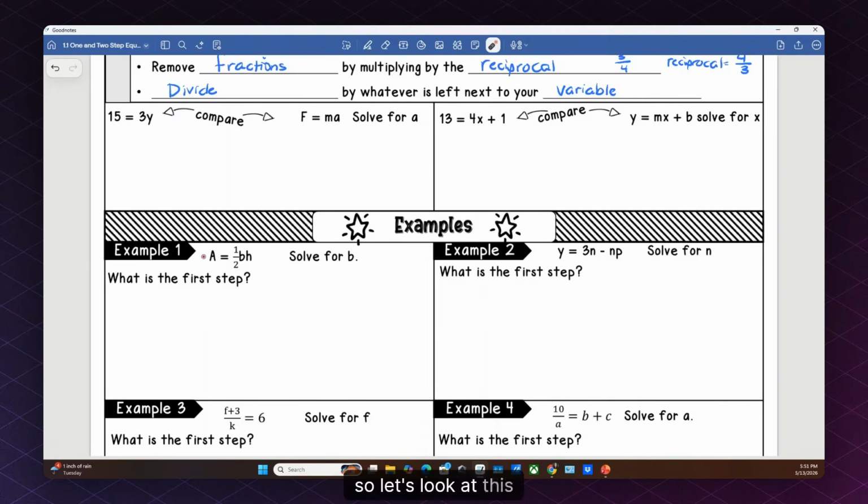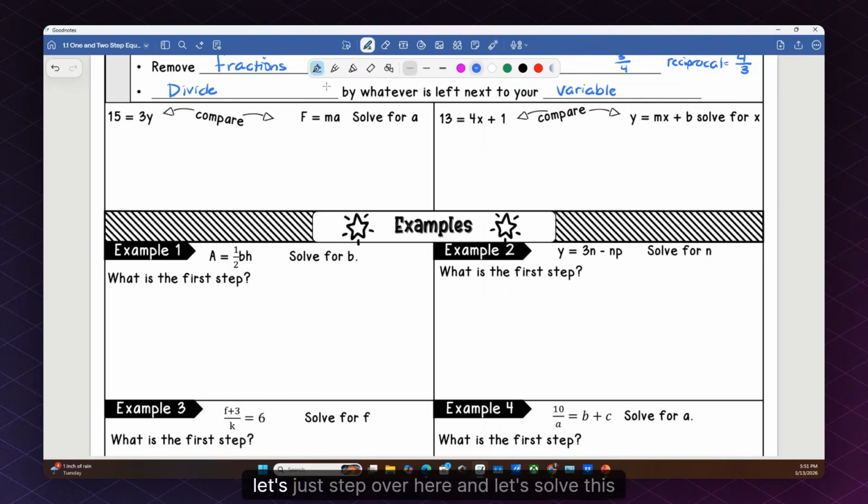Okay, so let's look at this example and see what's going on. I want to compare what a one-step equation looks like with what you see for a literal equation. So let's solve this first one.